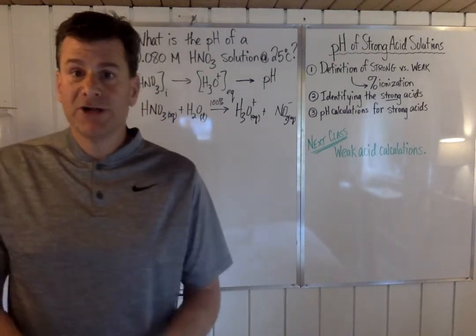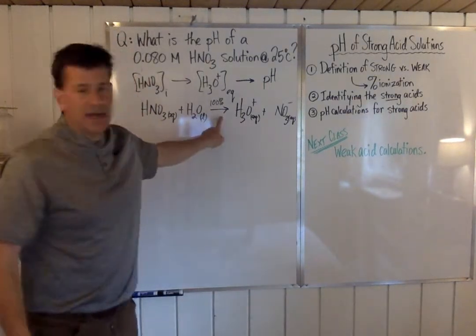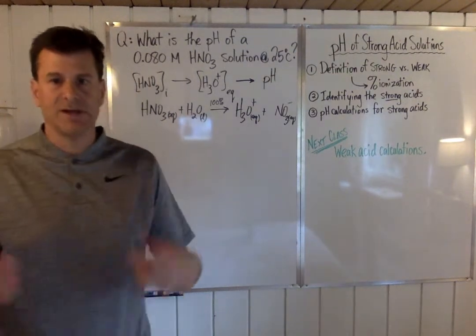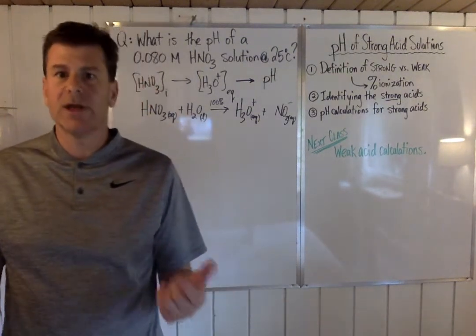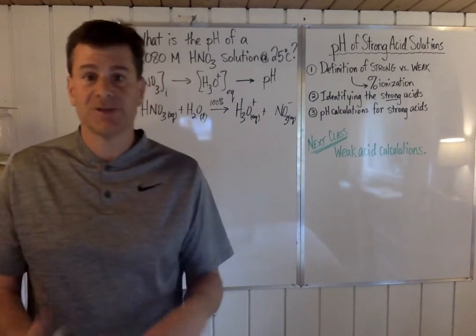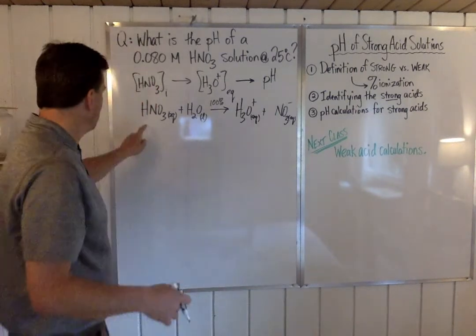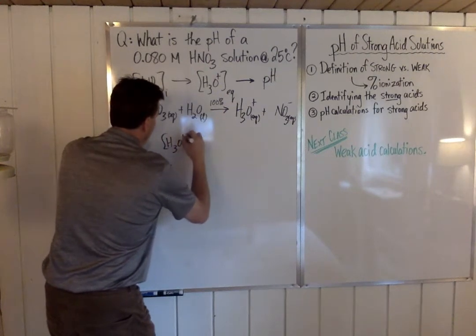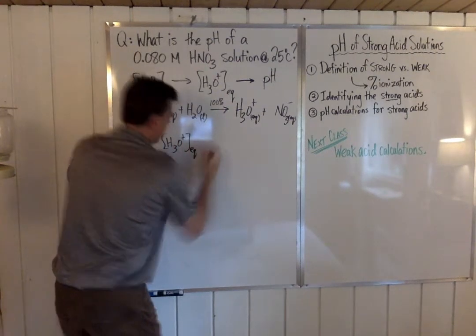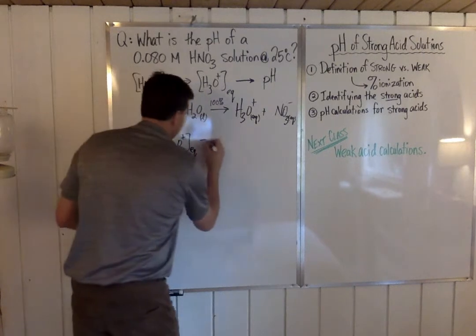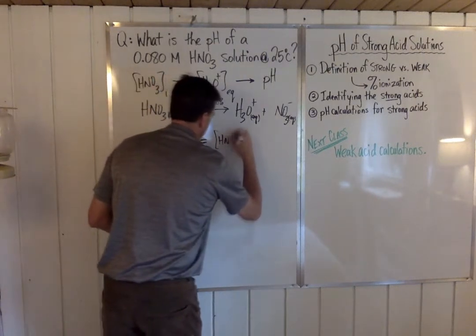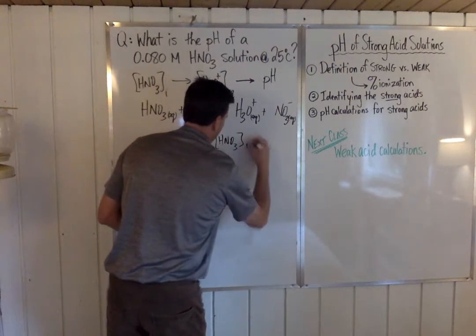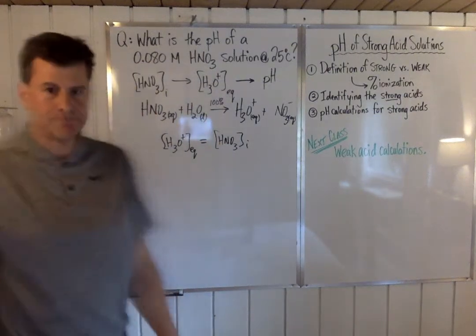It's doing it 100%. So this is me indicating to whoever's reading this that I get that HNO3 is a strong acid. It's going to ionize 100%. So whatever the initial concentration of this is, the hydronium at equilibrium, or at the end, is going to equal the HNO3 initially.